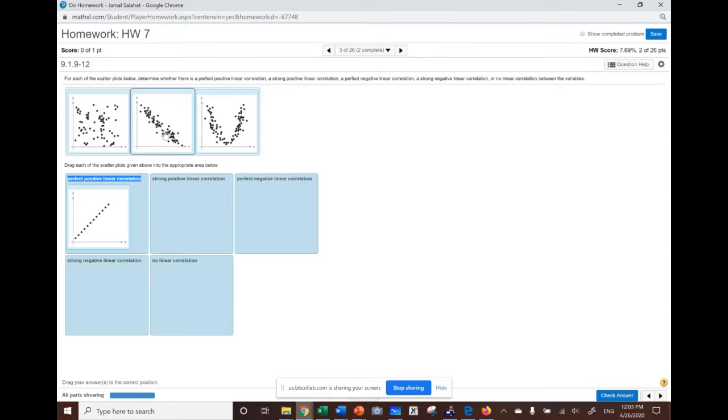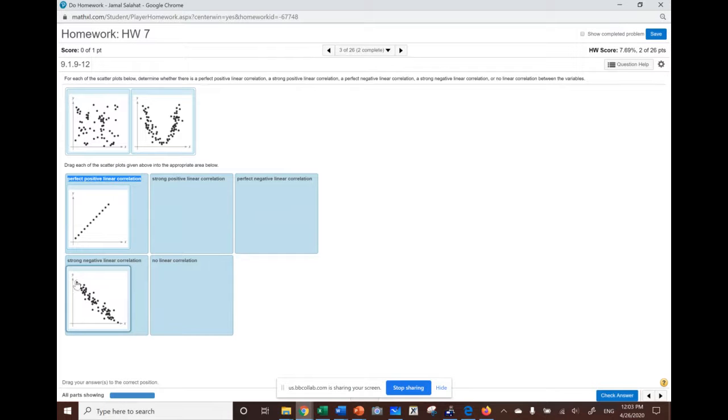So we say it's not perfect, but it is strong, and it's coming down, so it's a strong negative. Which one is strong negative? Here. So we bring it down here, because that is strong negative linear correlation. It's not coming down in a perfect way, but it's also not sloppy. It is close enough, so we're going to say strong negative.